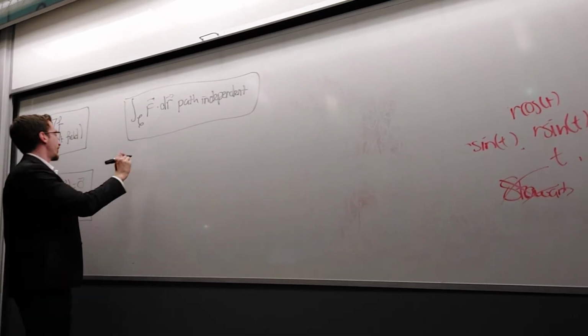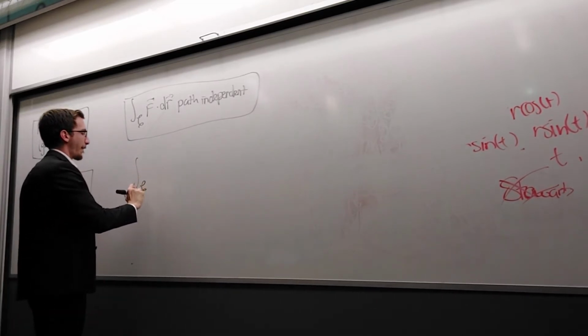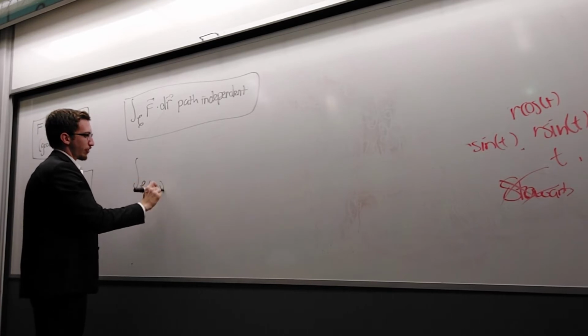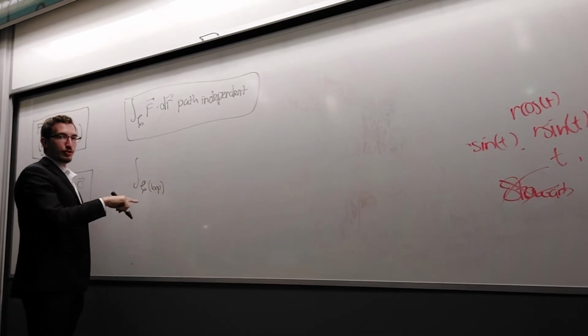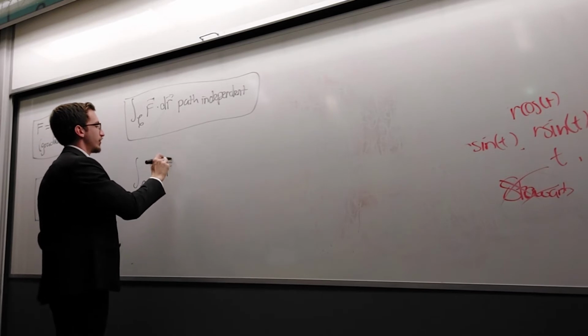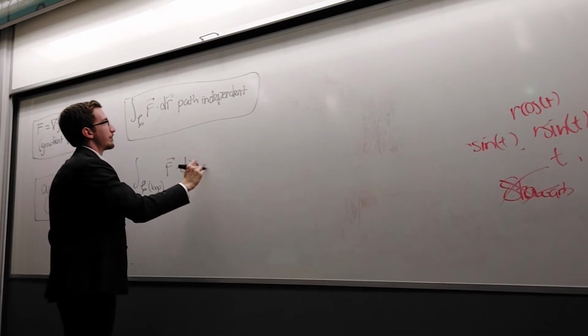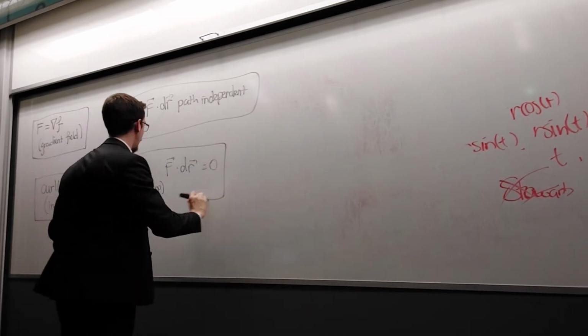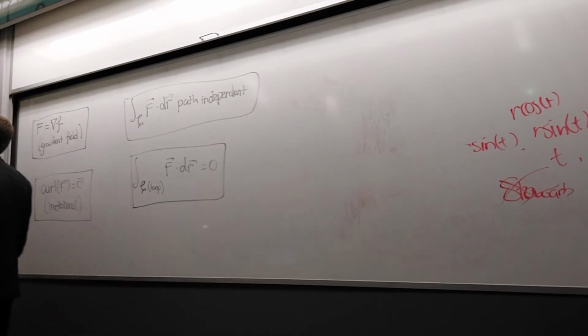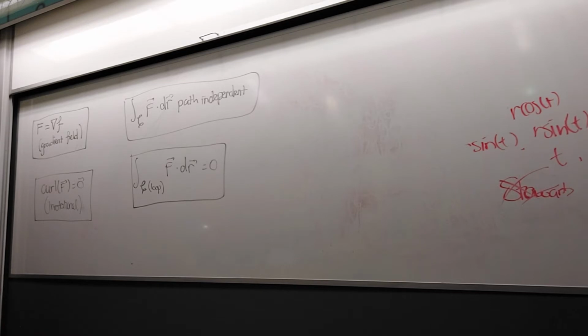And maybe the other one is, by this I mean the line integral over a closed loop. Have I missed a notion? I don't think I've missed a notion relating to what we've spoken about.